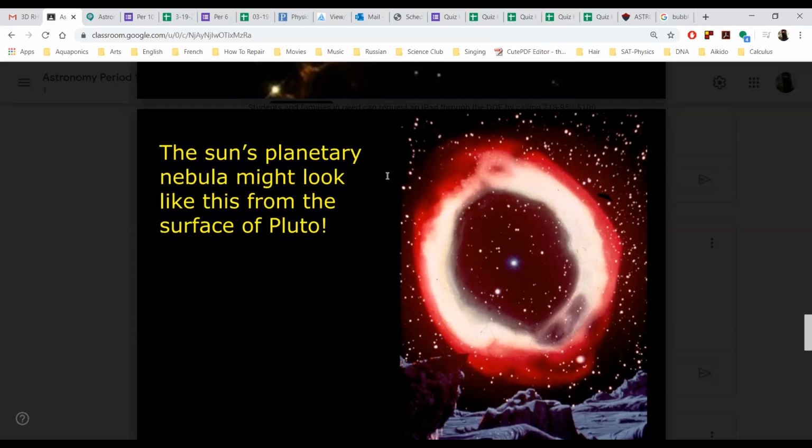But I think it's not quite correct actually, because the gases will expand in all directions, with slightly higher speeds along the ecliptic, the plane of the ecliptic, and slightly slower speed in the polar regions. But I don't think you will be able to see a disk. Probably it will be more like a gigantic cloud, more or less spherical, or close to spherical shape.